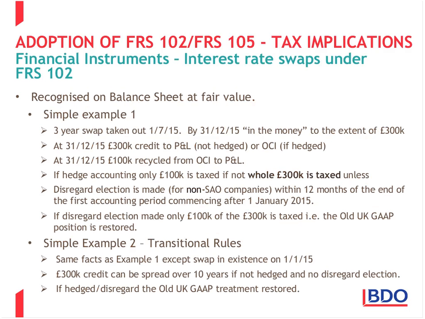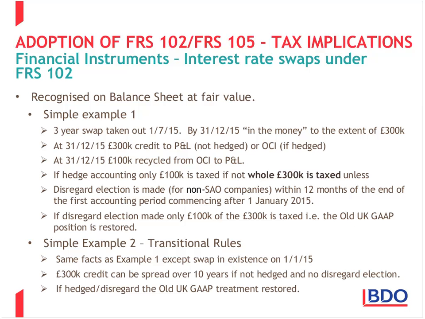At the 31st of December 2015, if it's not taken to the profit and loss account, but taken to the OCI, the Statement of Comprehensive Income, then only £100,000 actually hits P&L. In that case, it's only the recycled amount which is taxed, not the whole £300,000.